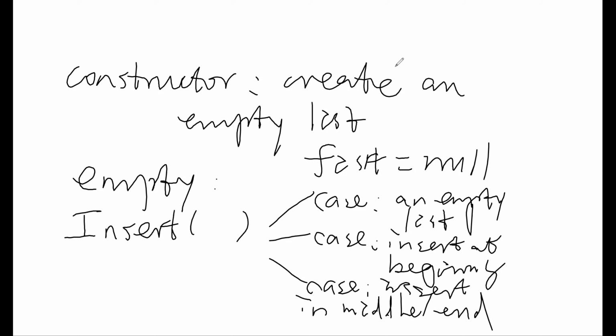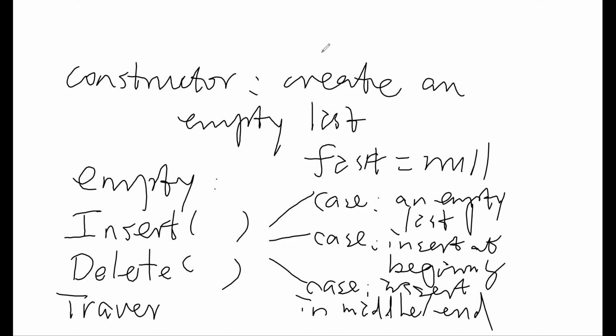For a linked list, another important operation is delete. How do we delete an item from the linked list? The other very important operation is traversing, which we call traverse. Traverse starts from a specified node, and then you visit node by node. The toString function can be implemented with the traverse concept.